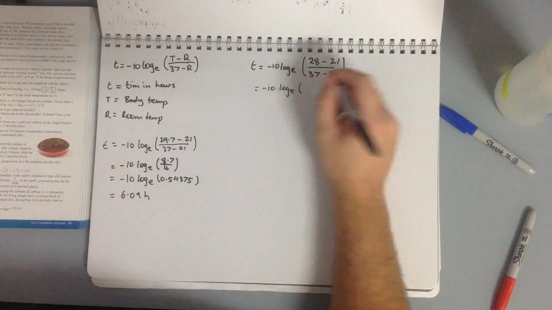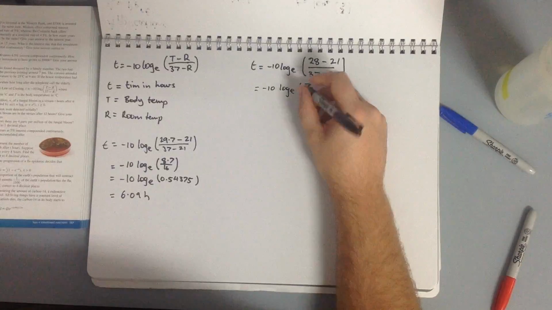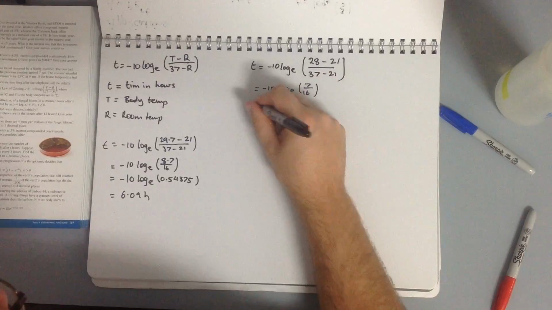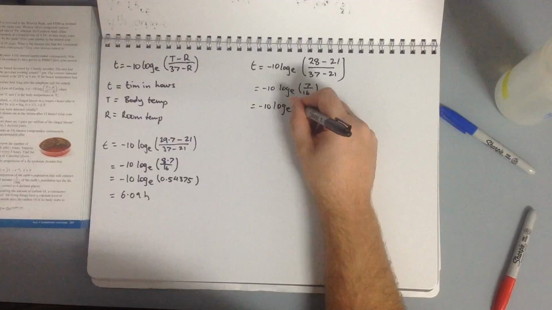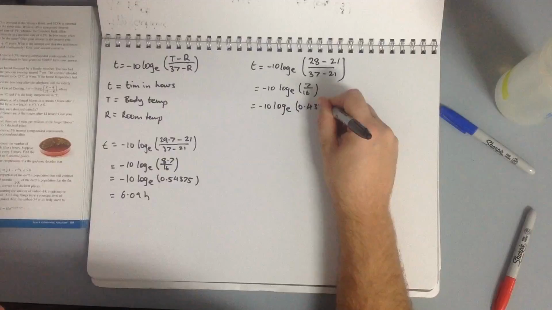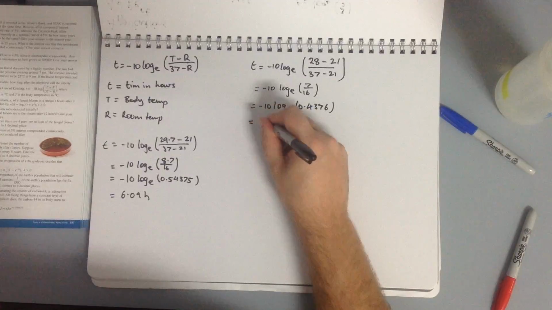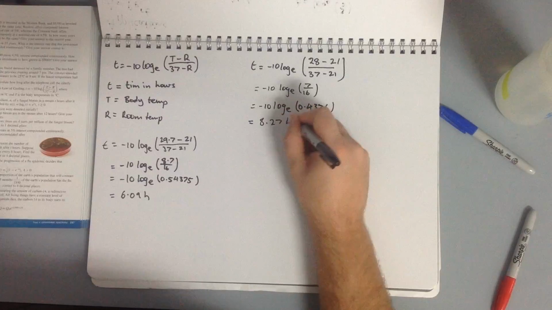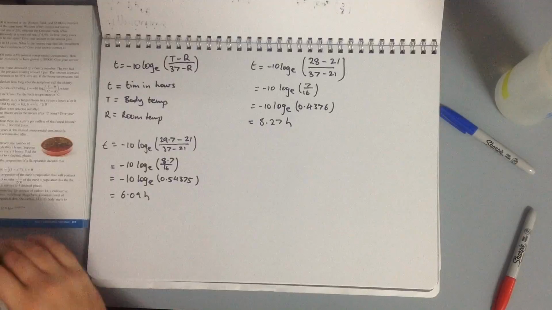That gives negative 10 log to the base e of 7 on 16, which equals negative 10 log to the base e of 0.4376, which is equal to 8.27 hours. So you can see we've got a little bit of discrepancy there.